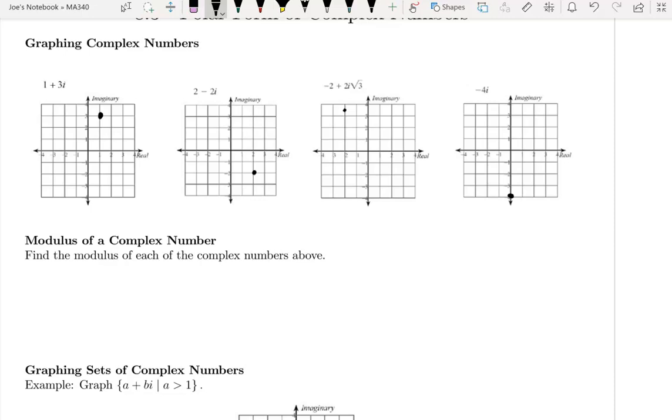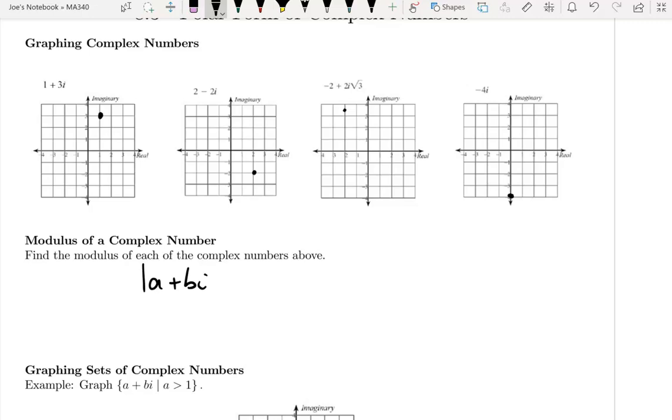This is where the modulus of the complex number comes from. If I have a plus bi, then I can think about this as being my x coordinate and my y coordinate. I can talk about how far that is from the origin.